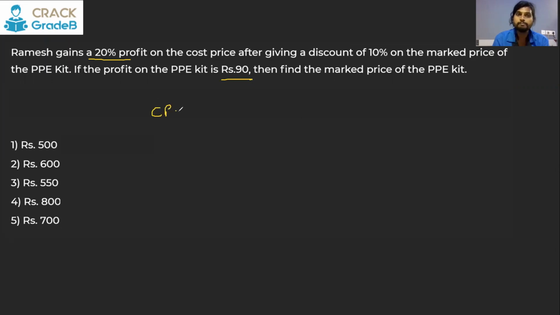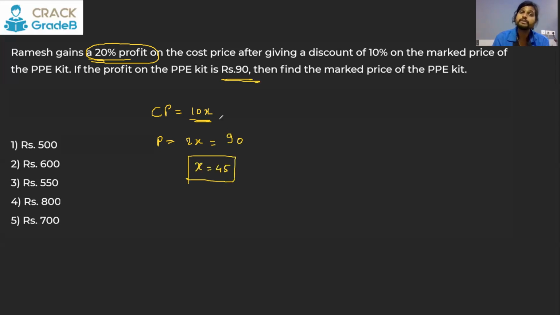So if I say the cost price is say 10x, the profit is going to be 20% of it, so 2x will be the profit, which is given as 90 rupees. That makes x equal to 45. That means the cost price is 450 rupees.